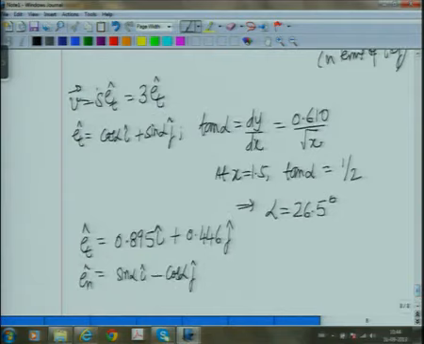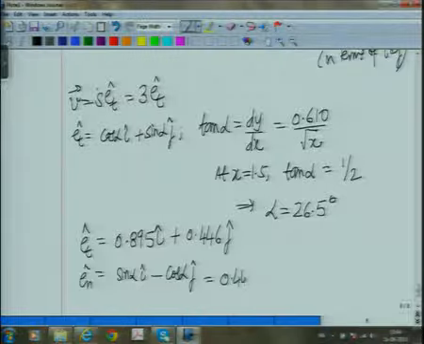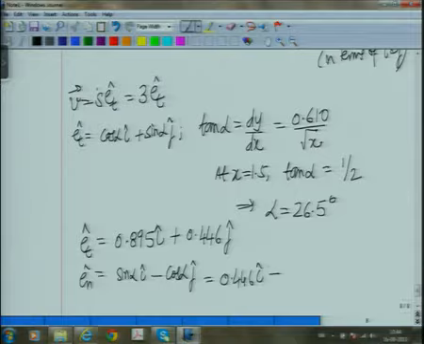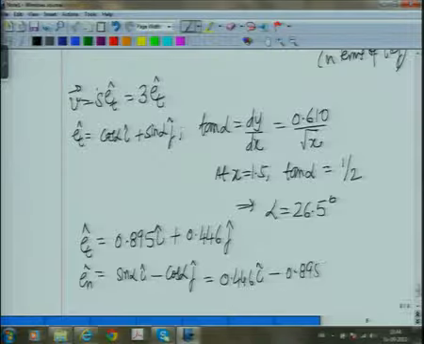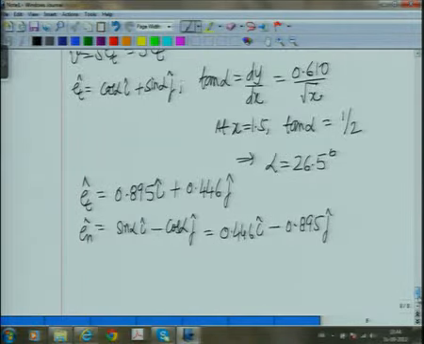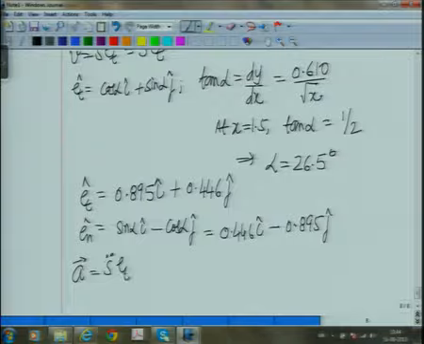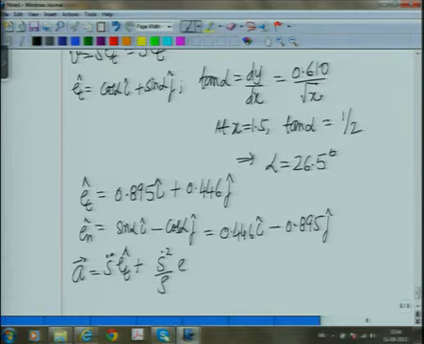So En vector is equal to 0.446 I minus 0.895 j. Once I have done this, all I need to know is acceleration is equal to s double dot Et, which I now know fully, plus s dot square upon rho En. So I know s dot. The only thing I now need to find is rho.